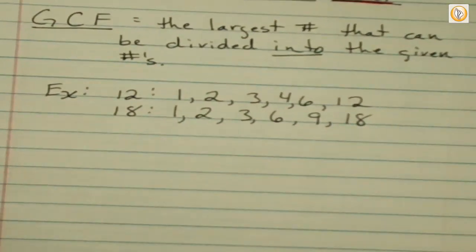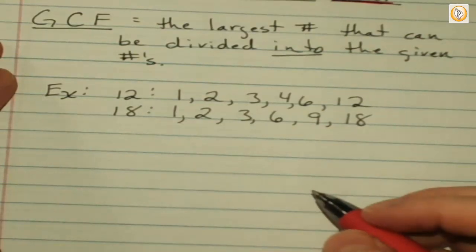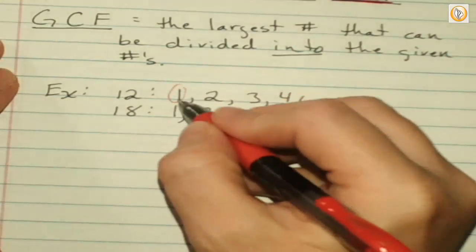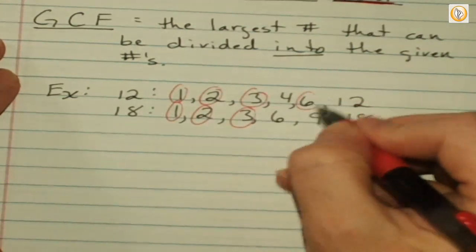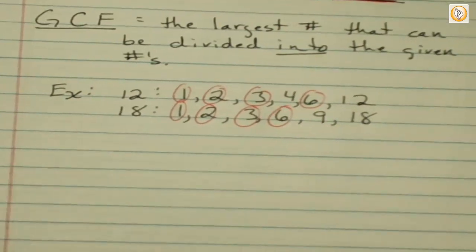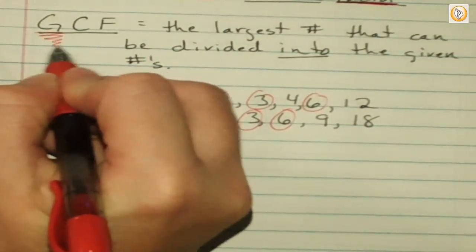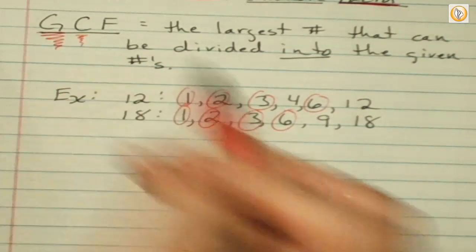When you list them in order like that, you can see which ones they have in common. 1, 2, 3, and 6. They have 1, 2, 3, and 6. Do y'all see that? But we're looking for the greatest number that they have in common.